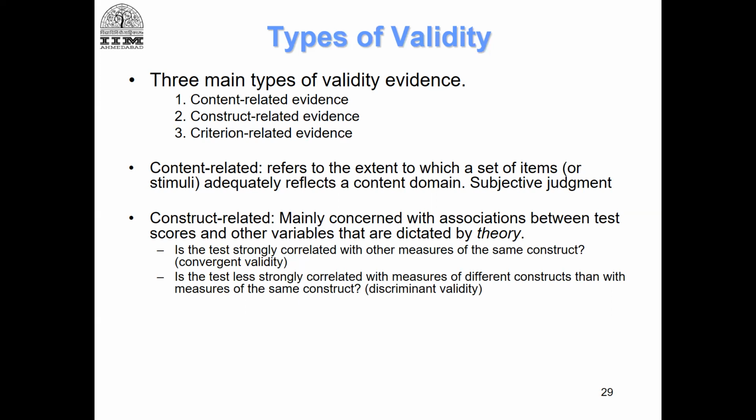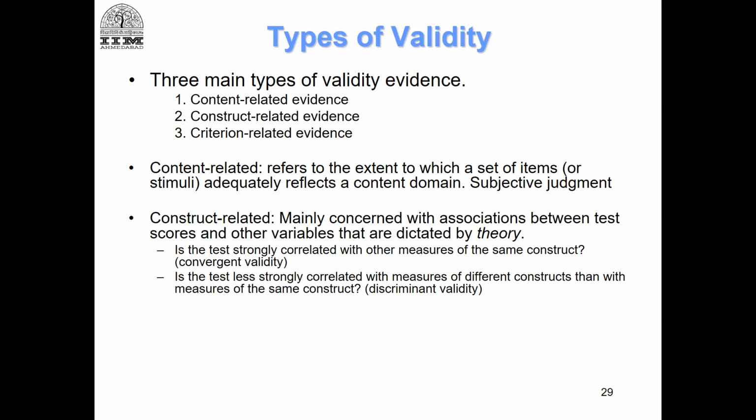The second way of testing convergent validity is to test whether the construct and the measure that you have developed converges with a construct to which it should be theoretically related. Okay, so that is another way of testing convergent validity.